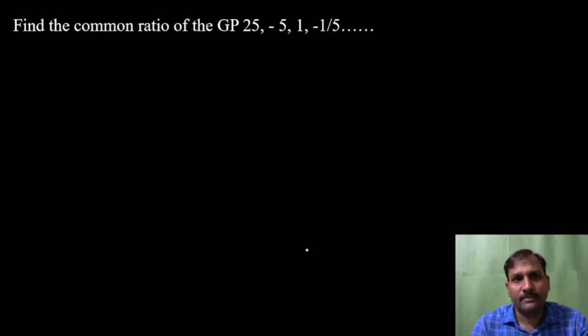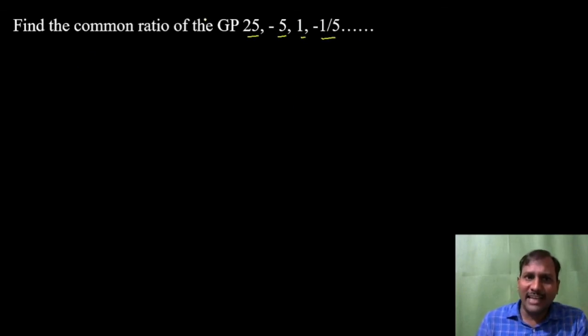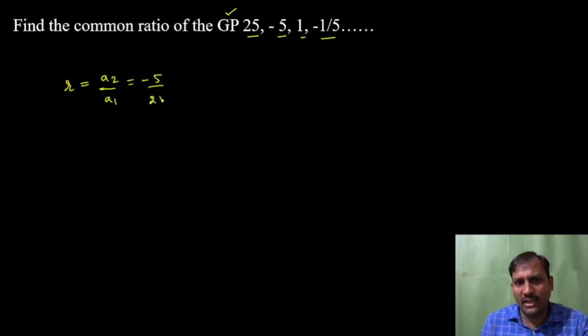Next problem. Find the common ratio of the GP 25, minus 5, 1, comma minus 1 by 5. So already they have given that it is a GP. Therefore, the ratio between any two consecutive terms will be same. That is nothing but R. So here A2 by A1 you can take, that is minus 5 by 25.